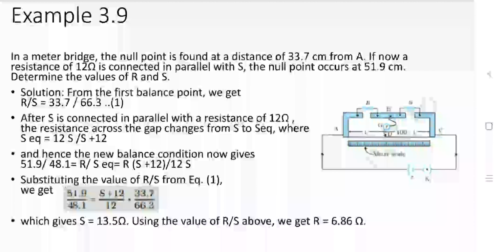R by S is replaced by the above value 33.7 by 66.3. So 51.9 divided by 48.1 equals S plus 12 by 12 into 33.7 divided by 66.3. From this equation we can get the value of S. Replace this S in the first equation and we get the value of R, 6.86 ohm.